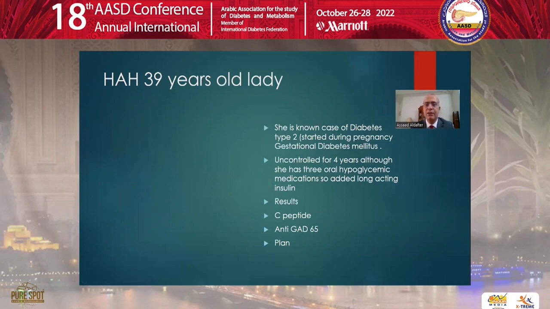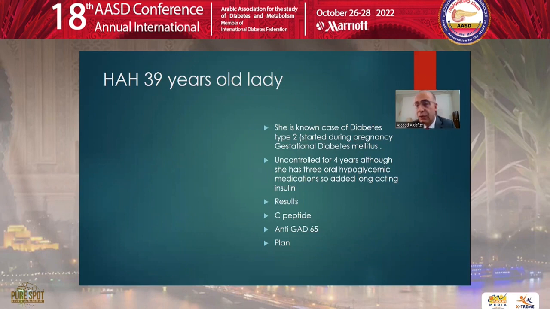This lady, 39 years old, is a known case of diabetes, diagnosed after pregnancy. It was like diabetes in pregnancy, treated with insulin because she was pregnant. Later on, they stopped the insulin and kept her on oral hypoglycemic agents.